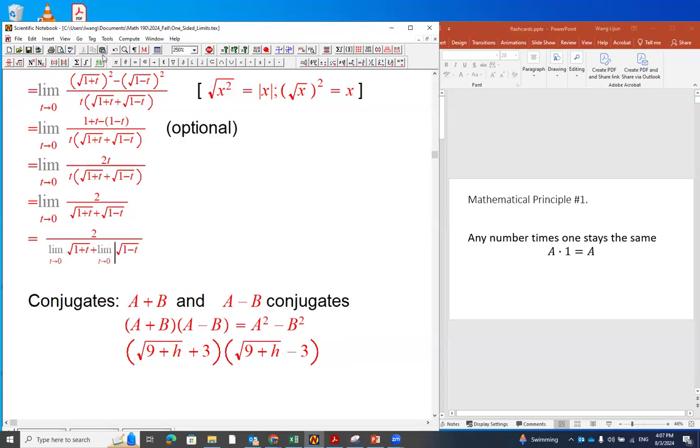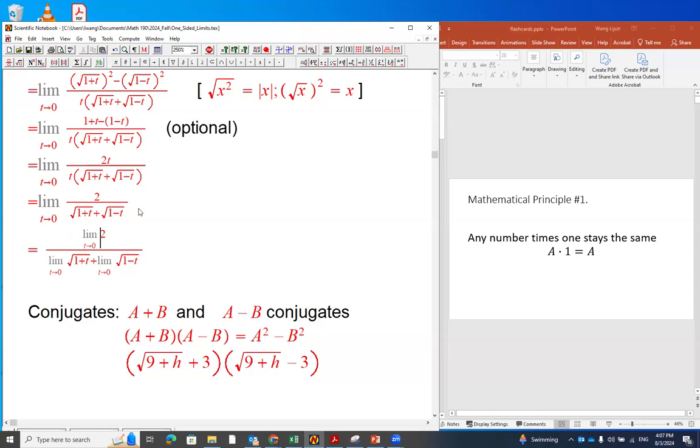You see this sometimes in the textbook. Some textbooks, in order to show you the application of limit, they even put it here, right? Because this will allow you to use all the limit laws. And that's okay, no problem. Okay, so next is basically direct substitution.